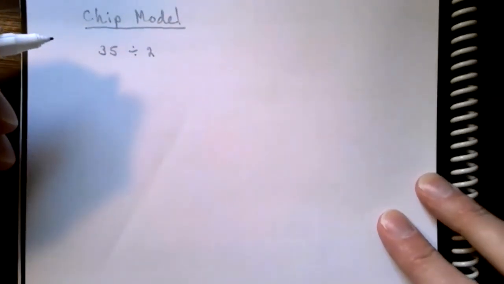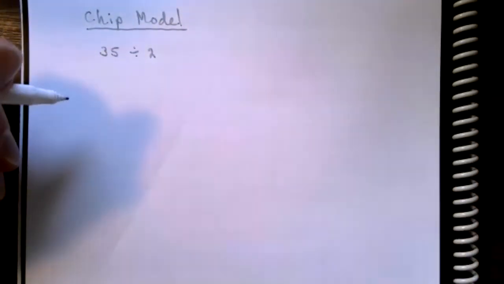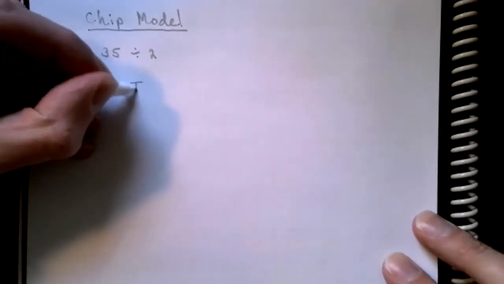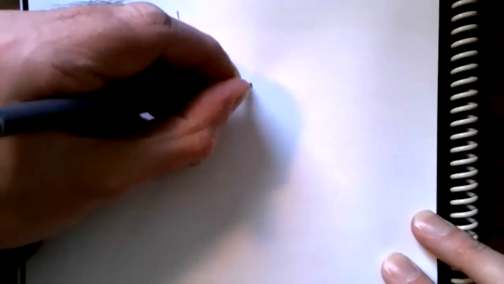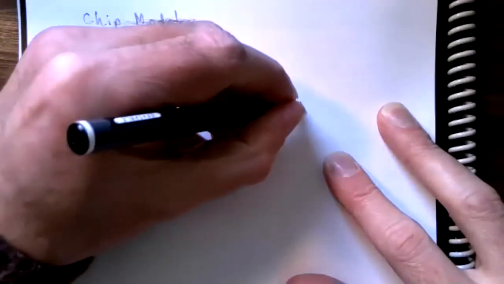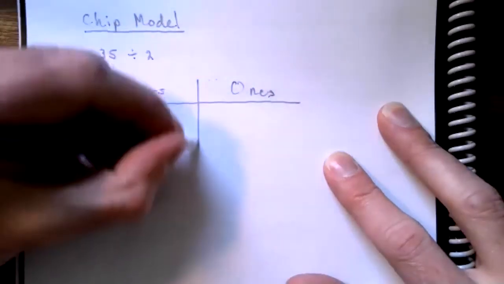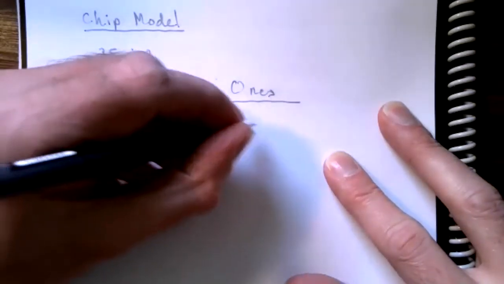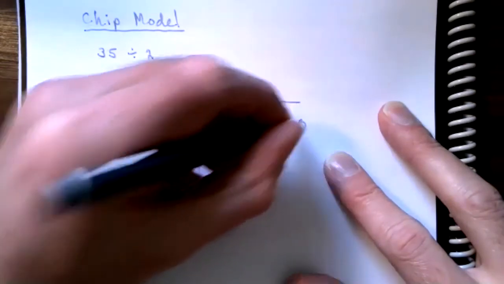Okay, so how do I start out with the chip model? We make trays. We want the tens tray and the ones tray. Sorry, I went the wrong way. The tens tray and the ones tray. Okay, so 1, 2, 3, 1, 2, 3, 4, 5.